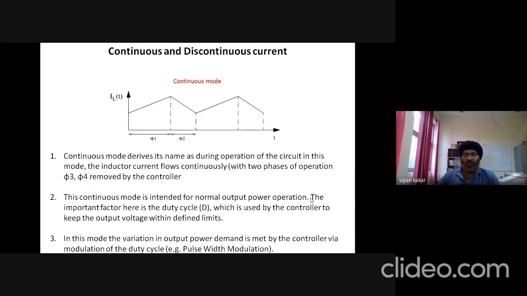Now continuous mode of conduction. We know that the name continuous mode is derived from the operation of the circuit in continuous mode. In this, the inductor current never goes to 0. It keeps on flowing continuously.